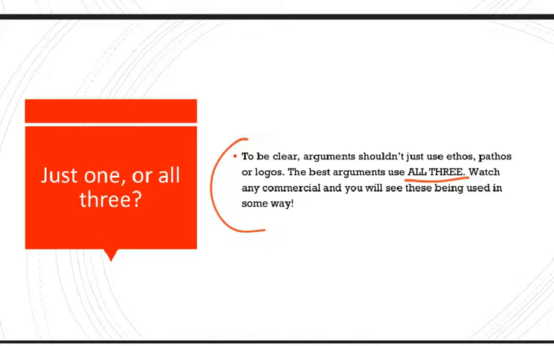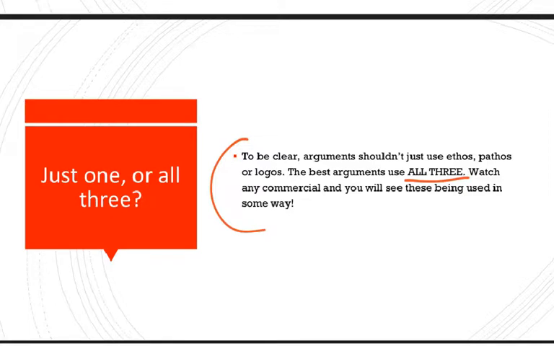So think about somebody giving a speech. They have strong ethos because they're talking about something they know a lot about, and we just tend to trust the person. Maybe they use pathos because they appeal to some sort of emotion. Maybe they use some humor in the speech to make us feel happy during the speech.